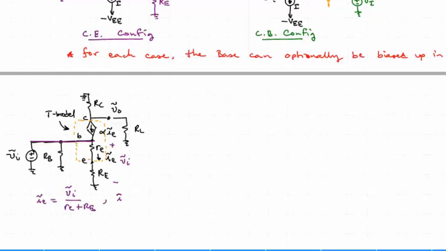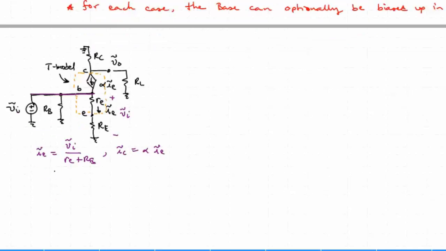We can write that the collector current, which is this current source, is going to be equal to alpha IE. And we can write then that VO is going to be equal to minus, because current is being sourced from the ground flowing through these resistors RC and RL. It'll be minus RC in parallel with RL, both those are grounded, times our current IC.